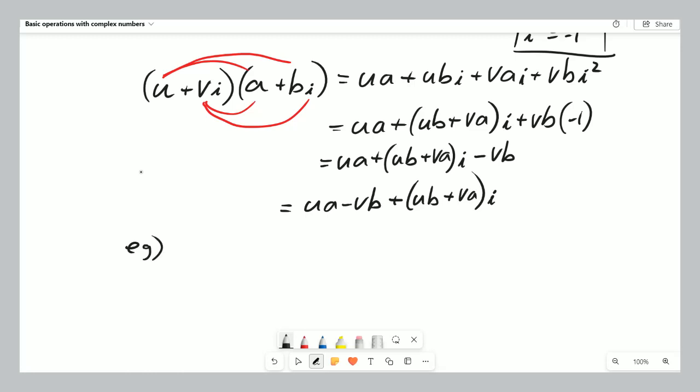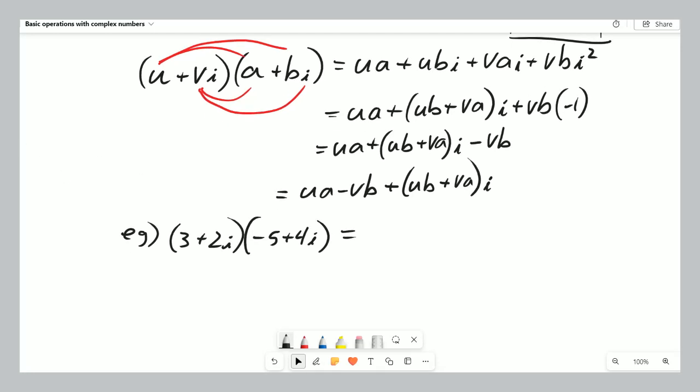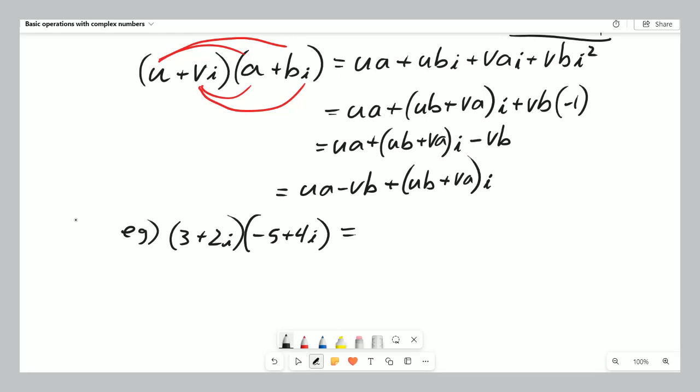So if we have 3 plus 2i multiplied by negative 5 plus 4i, you're just multiplying these brackets. Okay, so we have 3 times negative 5, negative 15, 3 times 4i plus 12i, 2i times negative 5 minus 10i, and 2i times 4i is going to be plus 8i squared.